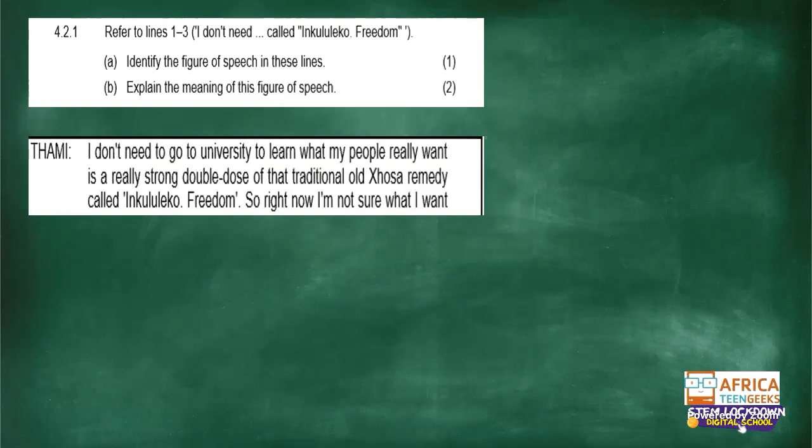Okay, I see Yolisa and Yaya are saying it is a metaphor. What do others think? Are they correct? Something is being compared. So what are the two things that are being compared?